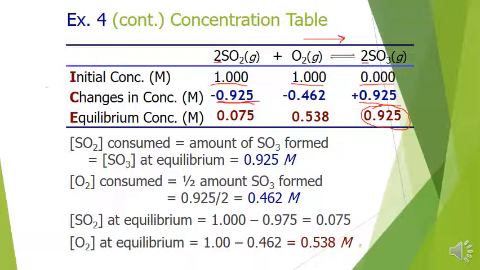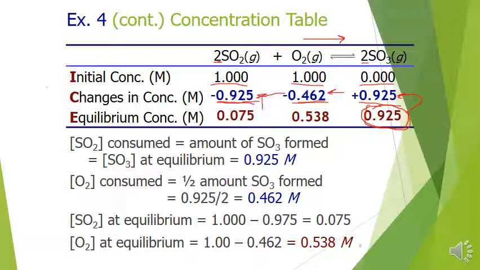Now the O2 also is going to drop, but not quite as significantly, because for every 2 SO3, there's only 1 oxygen. So it's only going to drop by half. So 0.295 divided by 2 is this value here. So I use this number to figure out these numbers, and then I use these numbers to figure out these numbers.